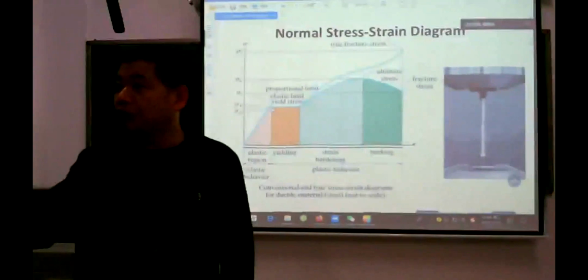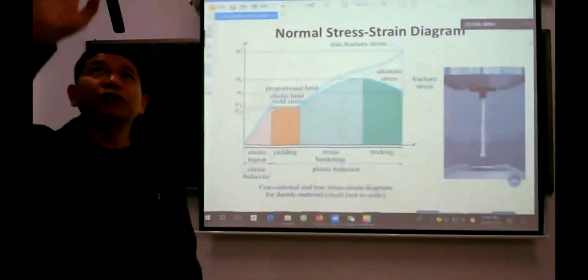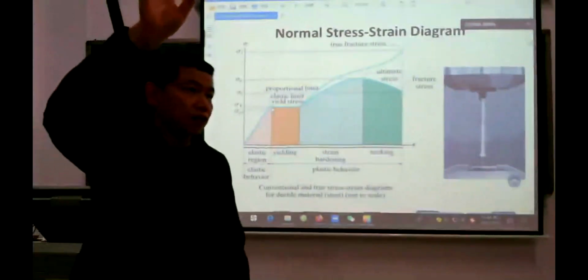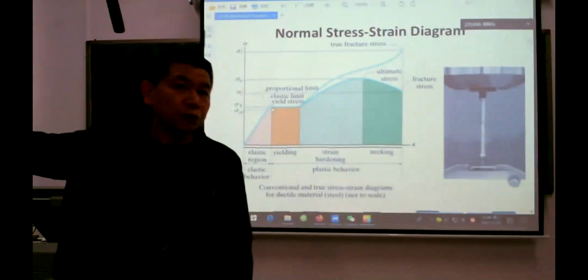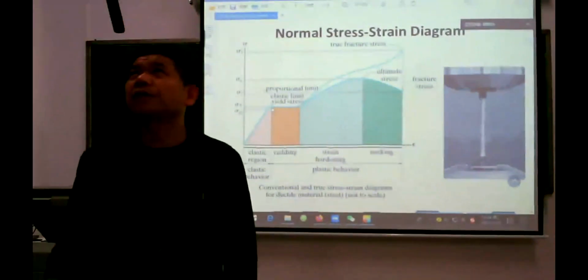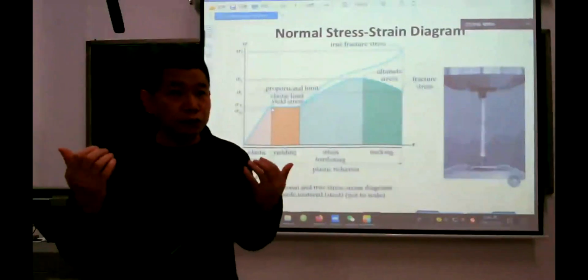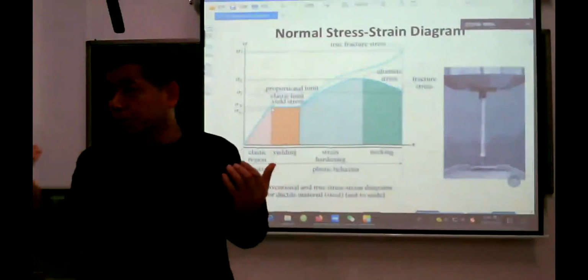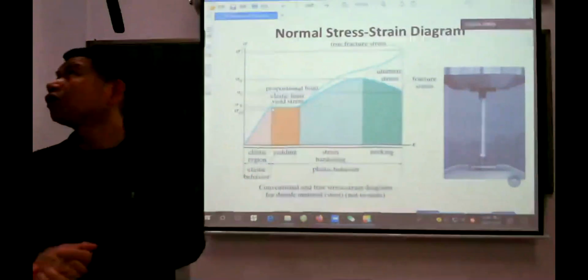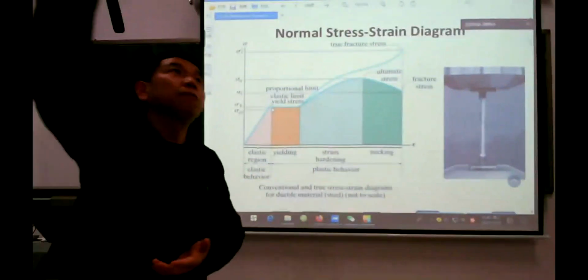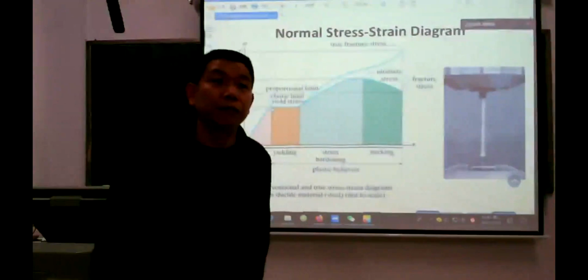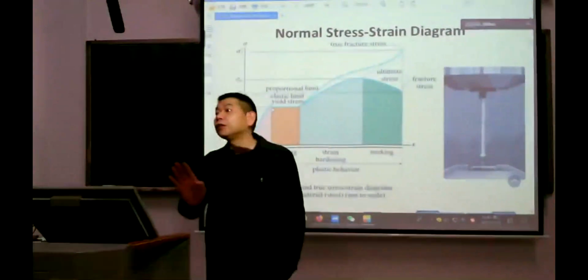It can't go to yield stress. If the stress in the steel comes to yield stress, the deformation of the steel must be very large. The beam will bend. We can't allow it.